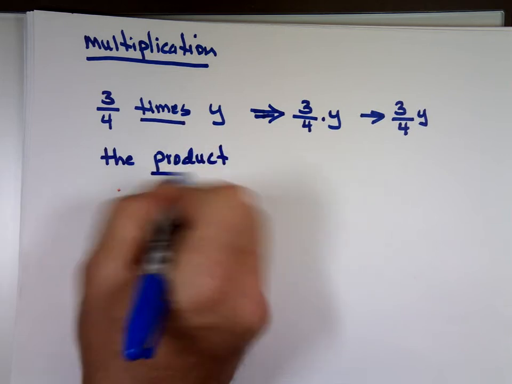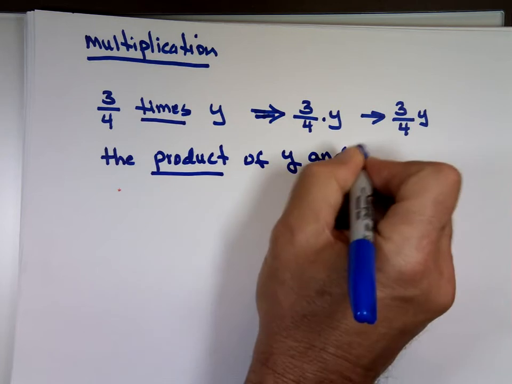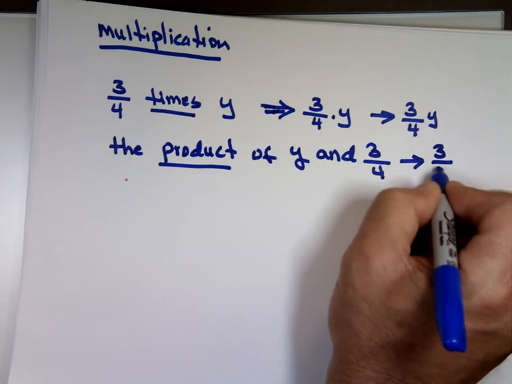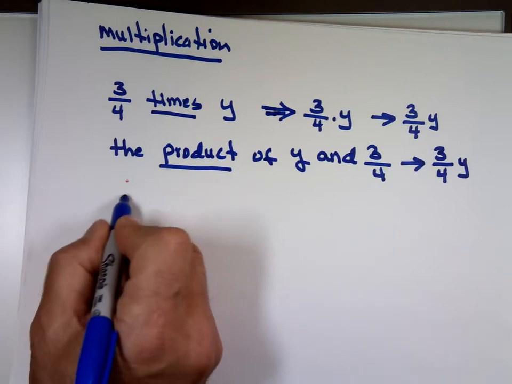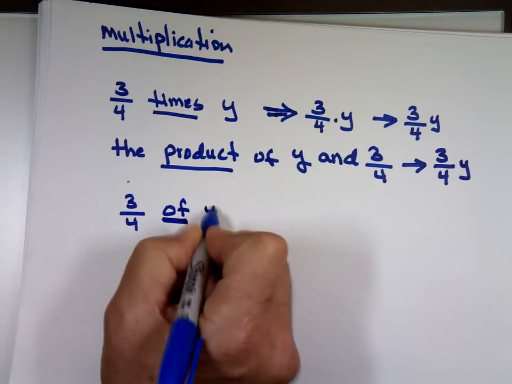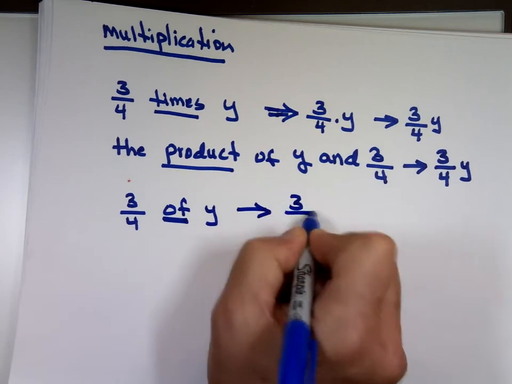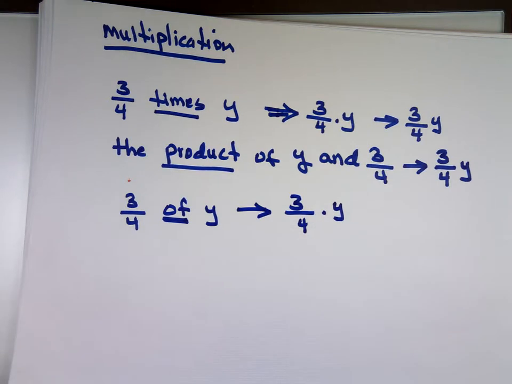Product means multiplication of y and 3/4. Product. That means multiplication. Or 3/4 of. Of in math always means multiplication.